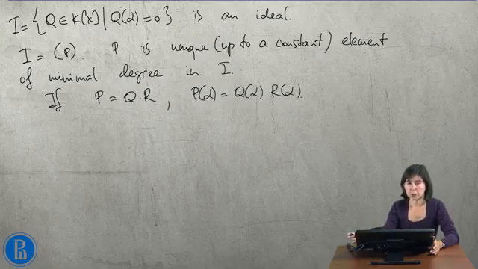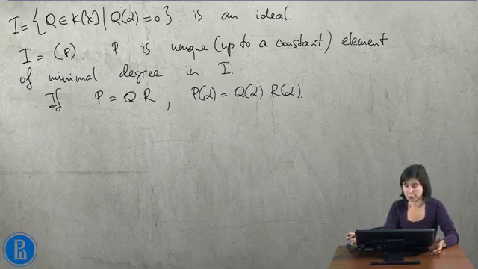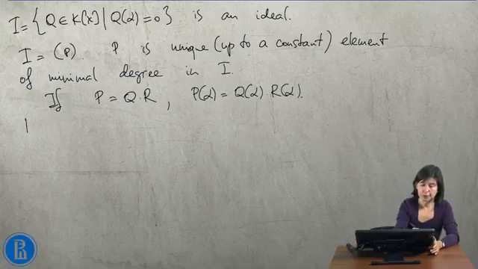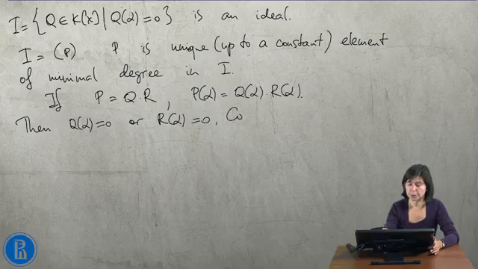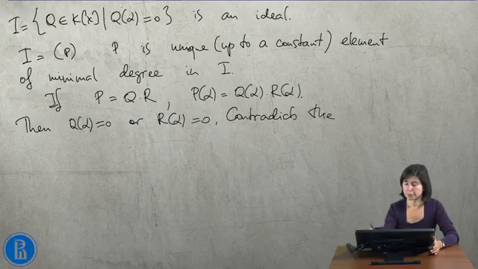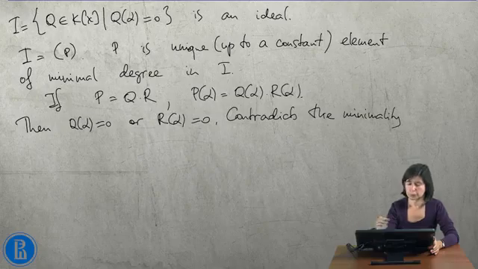So Q of alpha or R of alpha must be 0, which is a contradiction with the minimality of the degree.